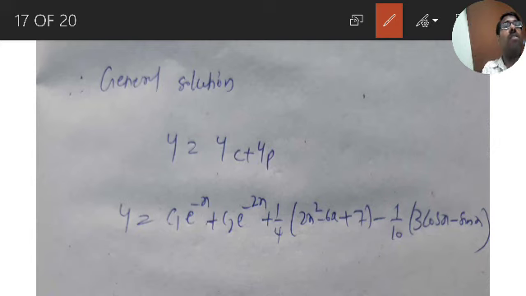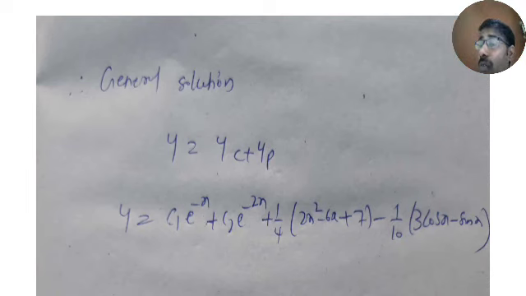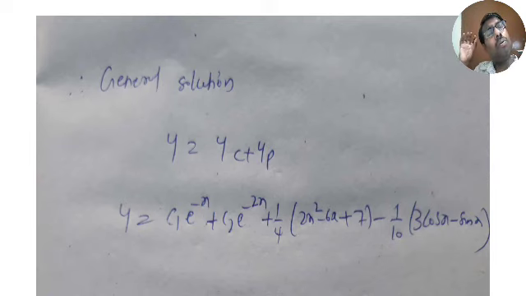Are you getting? So this is the topic, the combination of methods we are doing. So 5 problems we covered, and 2-3 minutes are left, so we cannot cover one more problem, so we end the class here. So practice. You know method 1, method 2, and method 3: the right hand side is e power of x, or the right hand side is sin x or cos x, or the right hand side is x to the power of m.